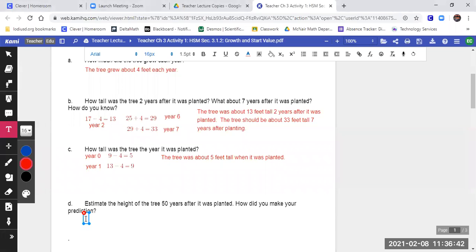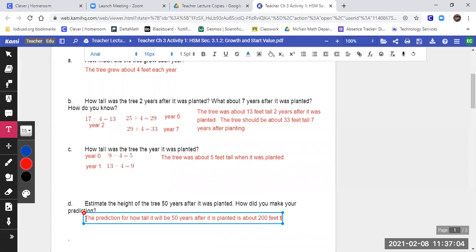So the prediction for how tall it will be 50 years after it is planted is about 200 feet tall. Okay.